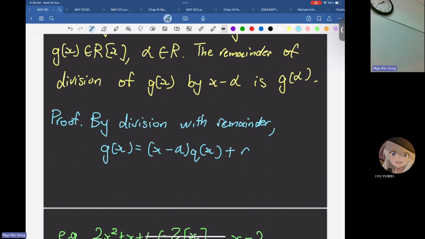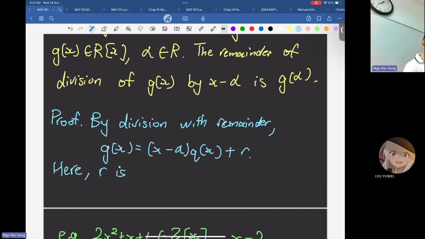No, not yet. Sure, substitute alpha, it becomes 0, you get r. But what is r actually? The degree of r is less than the degree of x minus alpha. What's the degree of x minus alpha? 1. So r has to be a constant. Okay, so r is actually a constant.